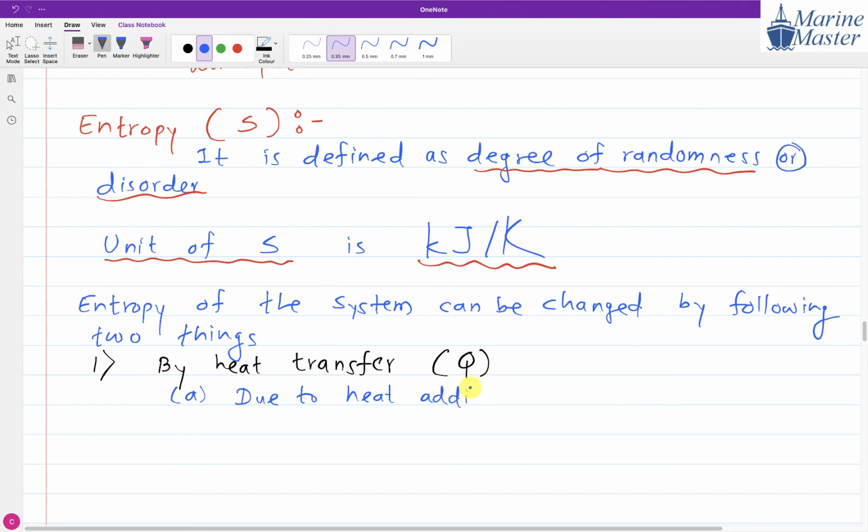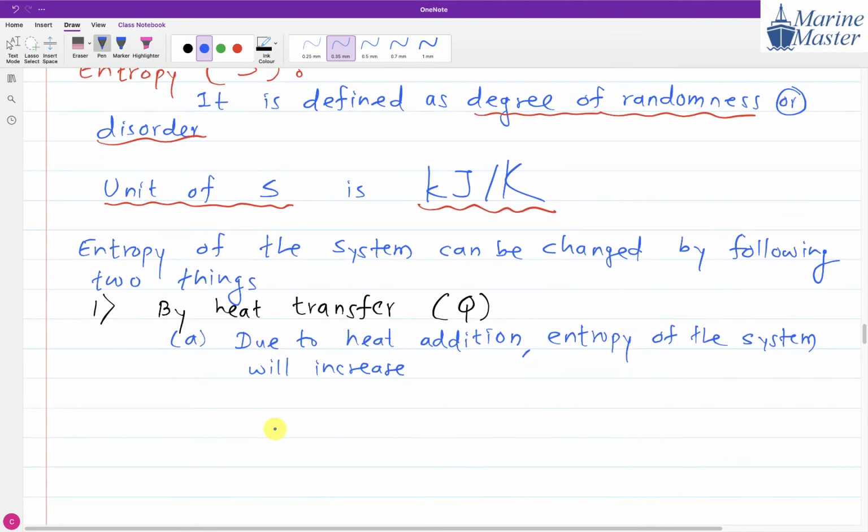So due to heat addition, what is going to happen? Due to heat addition, the entropy of the system will increase, and we will see how much it is going to increase.